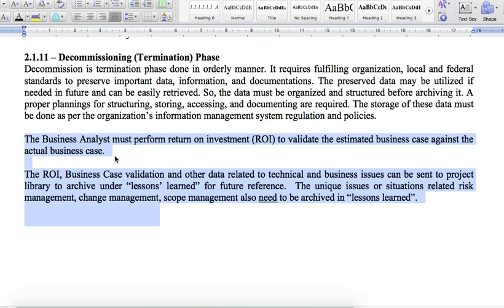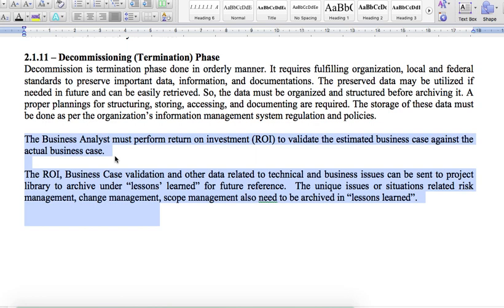Once we know how the benefits have been realized, we can see if there is any variance in the benefits realization, for example between what we projected and what the actual benefits were. If there is a huge variance between the expected and the actual, then we can analyze further the reasons why the benefits were not realized as expected.